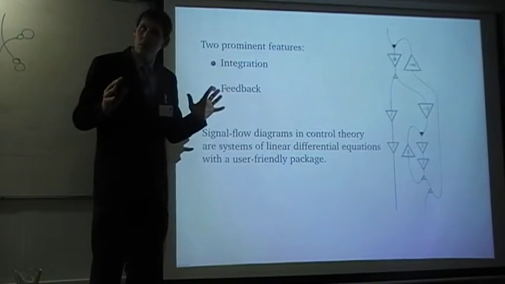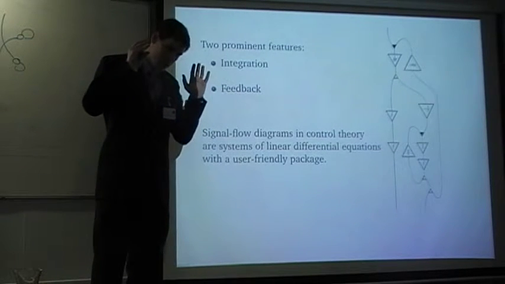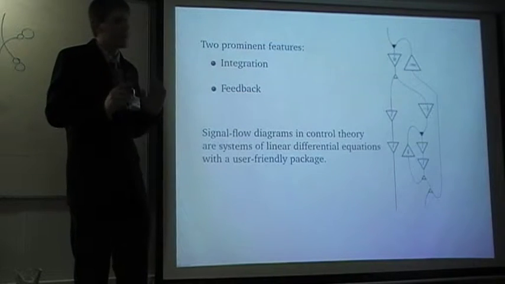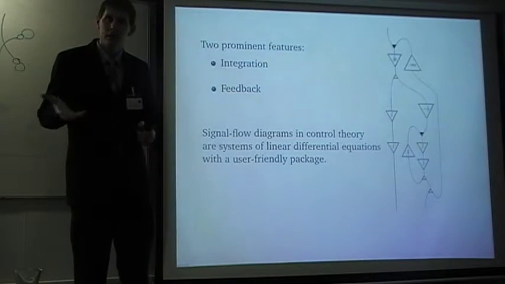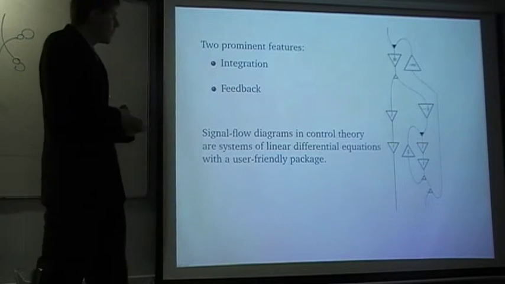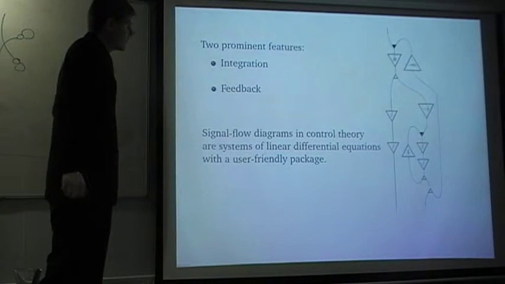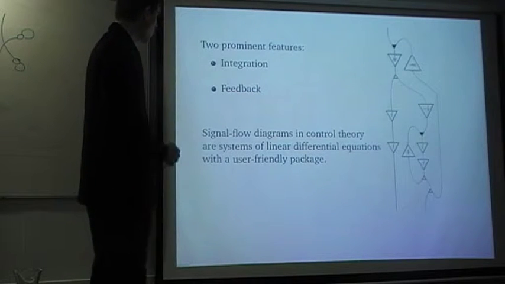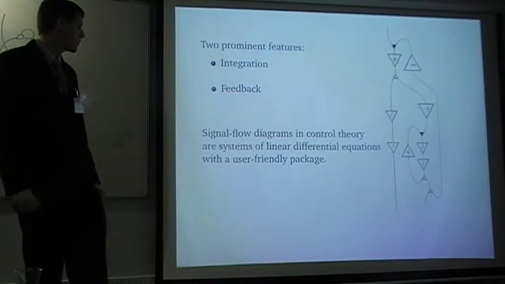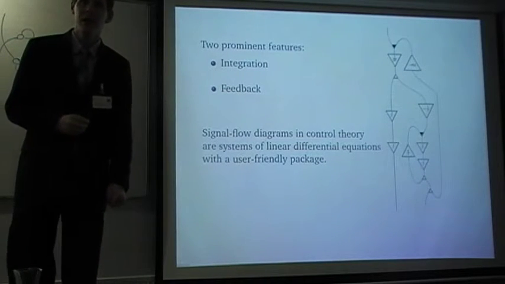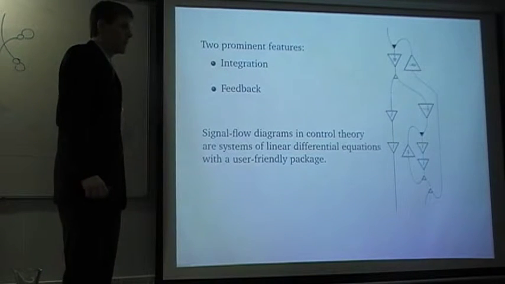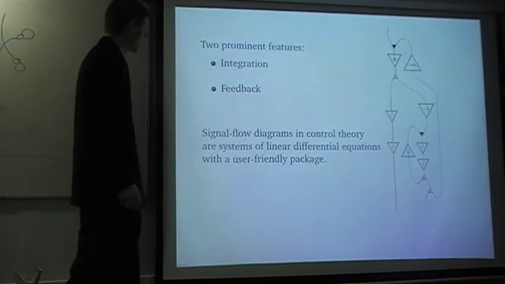The control of the thermostat, putting the furnace on or putting on the air conditioning, is going to affect the future state that is going to tell the thermostat what to do next. So with these integrations and with the feedback, what these signal flow diagrams are really encoding is differential equations, systems of linear differential equations, so we're not doing anything too weird.